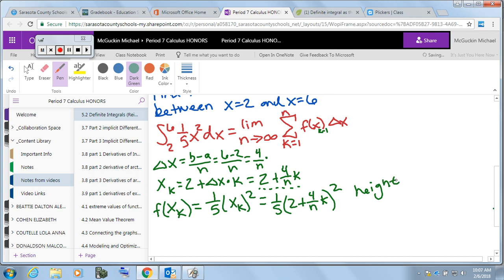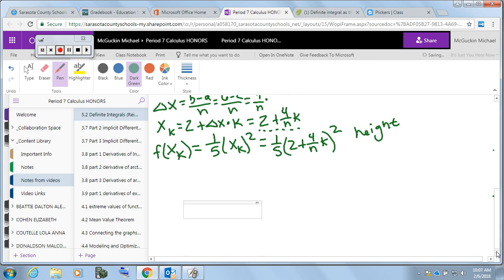So now it's my job to figure out what the entire area is going to be. The area is going to end up looking like our change in x multiplied by our height, because our change in x represents what our base actually is. Our change in x is the base of the rectangle.